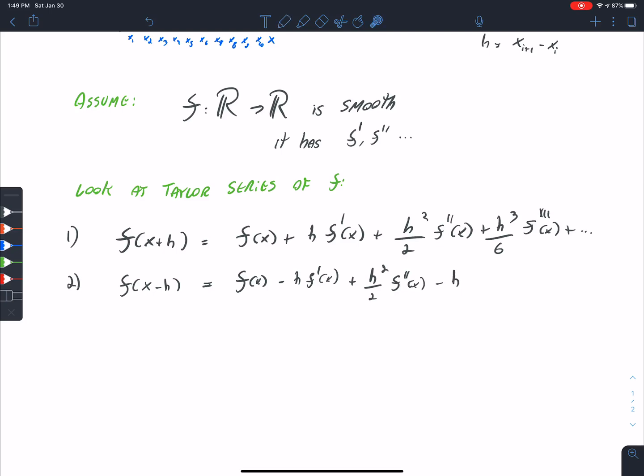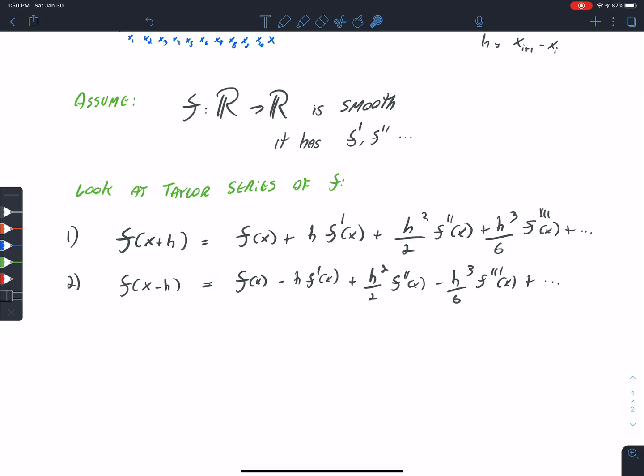We have a minus first, and then a plus, and then a minus, and the next one would have been plus. So let's finish writing this one: minus h to the third over 6 f triple prime of x plus, again, an infinite number of terms. These two are the same formula. The only difference is that here we took the forward step and here we're taking the backward step.